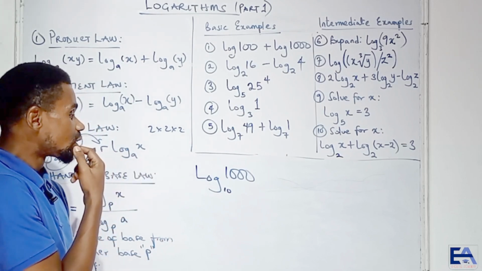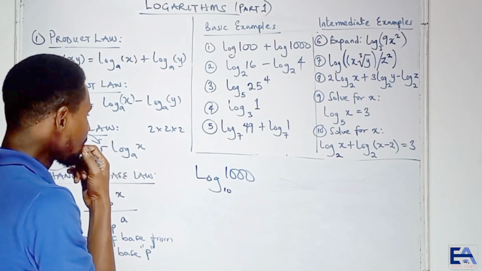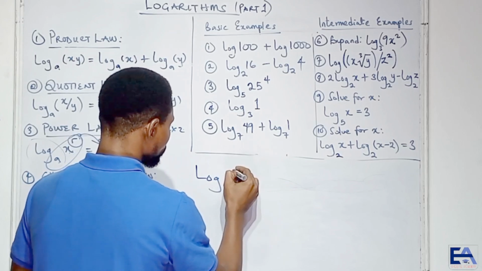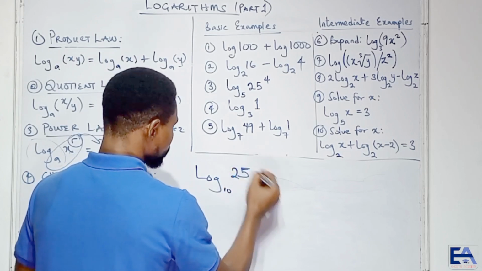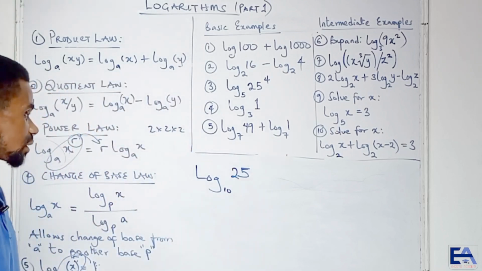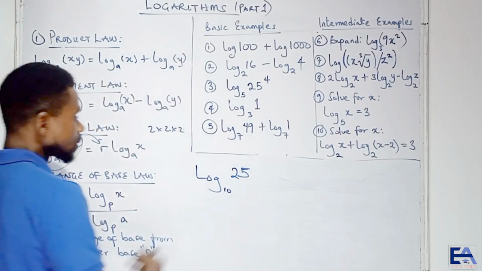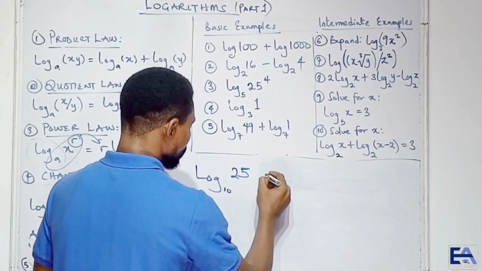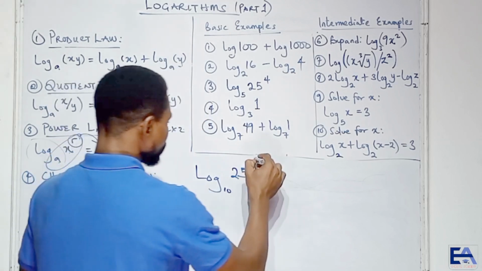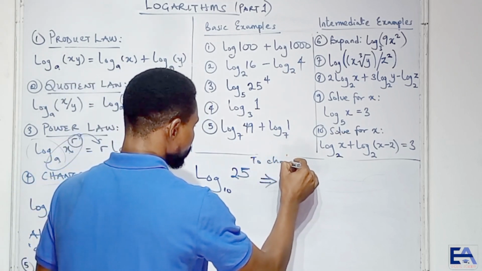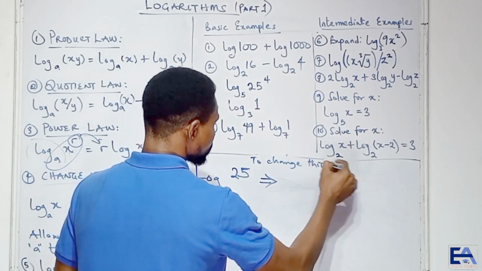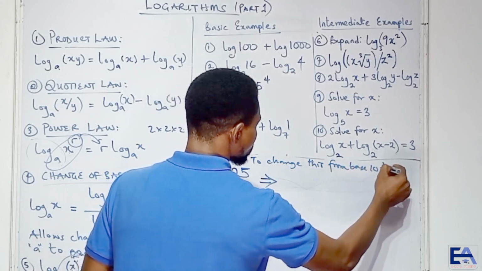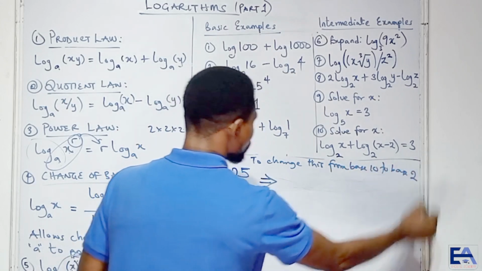Let me just use another number, maybe 25 to base 10. It's still all good. So let's say I wish to change this from base 10 to base 2.